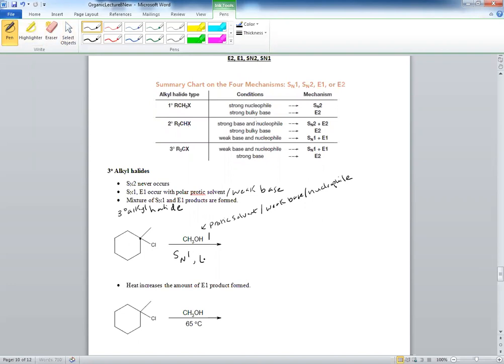And you have to draw both unless it's specified. So the SN1 product would be a substitution, meaning you take the methanol, kick the Cl out, and it replaces it. Remember, -1H.